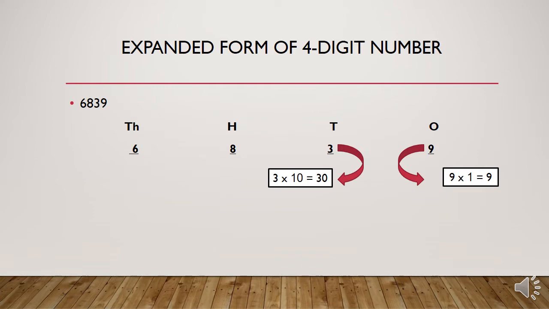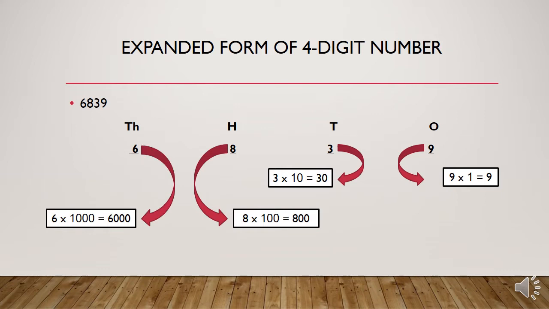It gives us 30. Next is the hundreds column. The number placed here, 8, is multiplied by 100, which gives us 800. The last one is 6, placed in the thousands column. 6 multiplied by 1000 gives us 6,000.